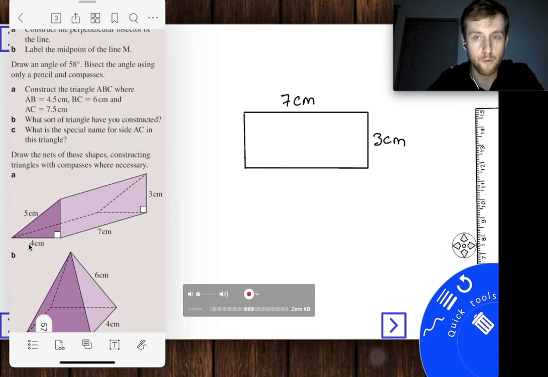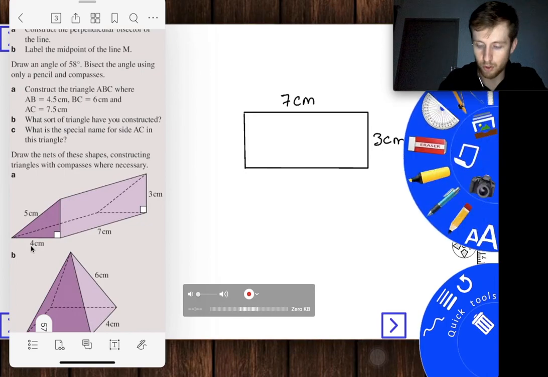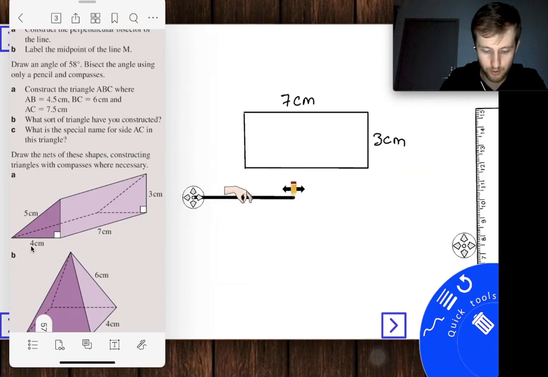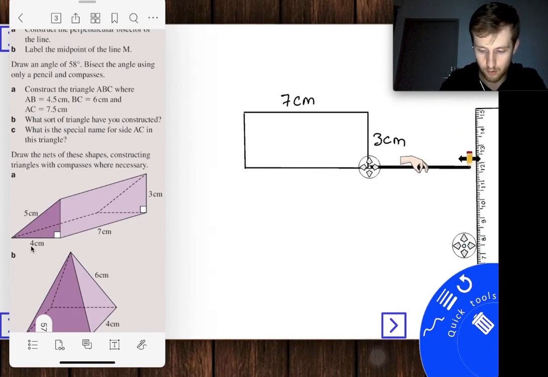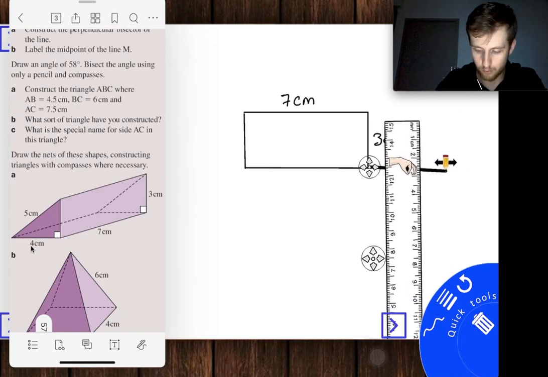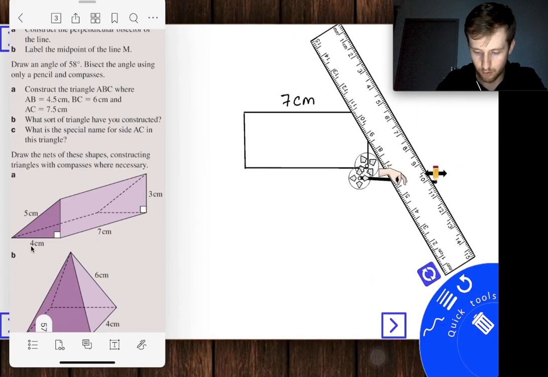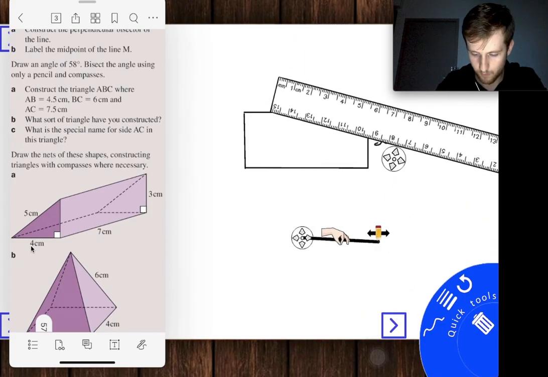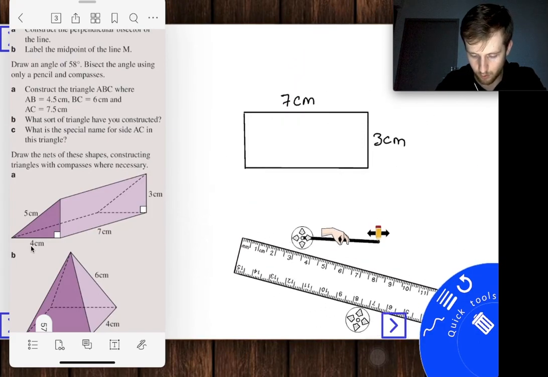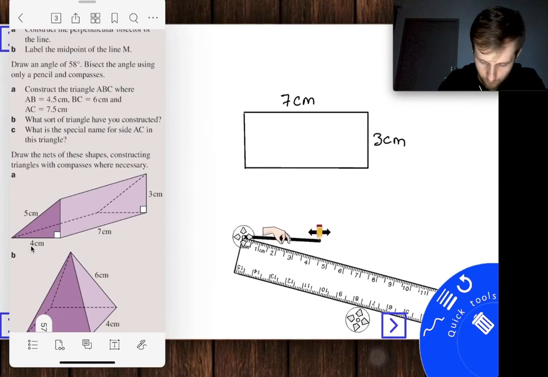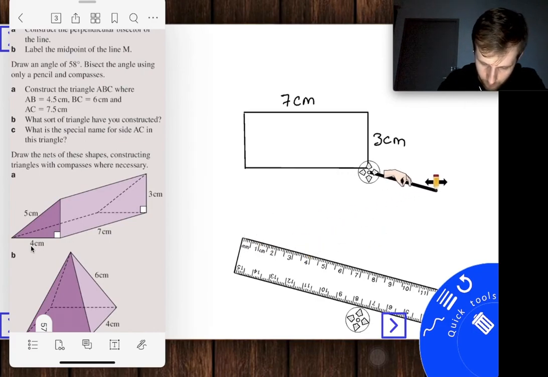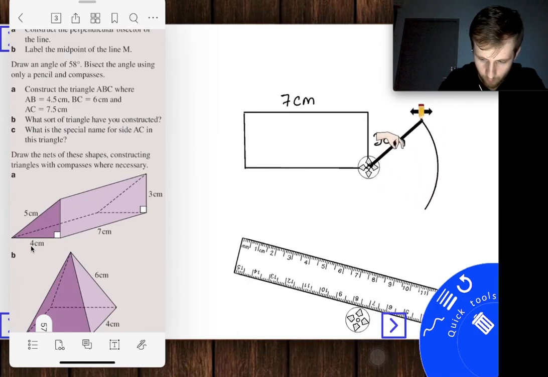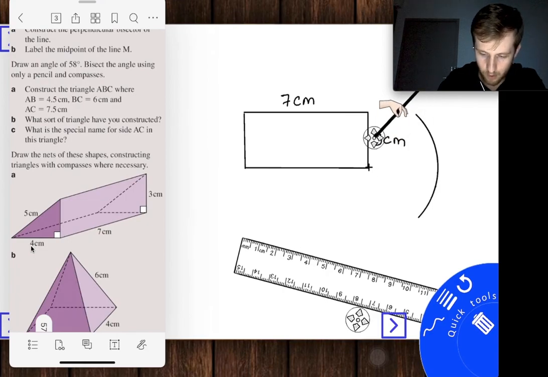It's 4 centimeters. So here we have to use the compass actually. We have a 3 centimeter side, and here it's going to be 4. So let's use this. It has to be 4 centimeters. And this one has to be 5 centimeters.